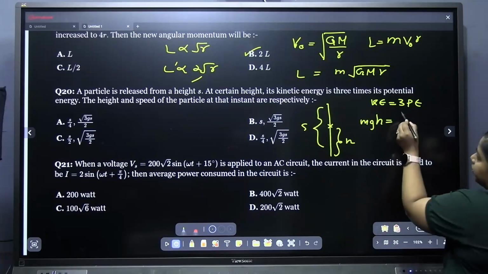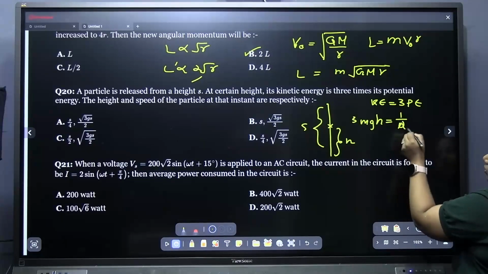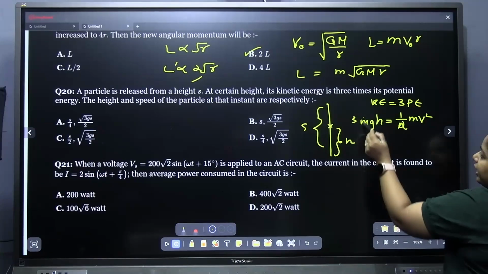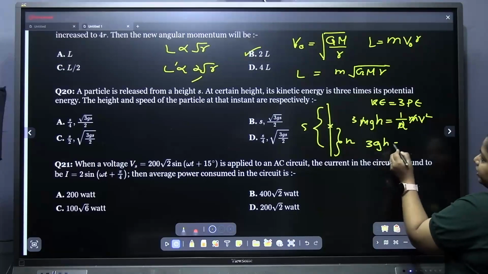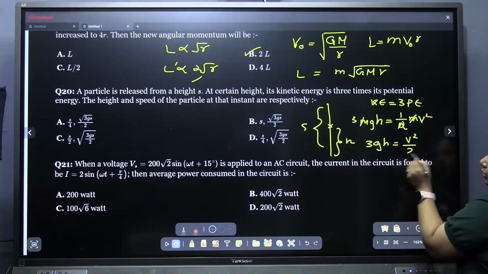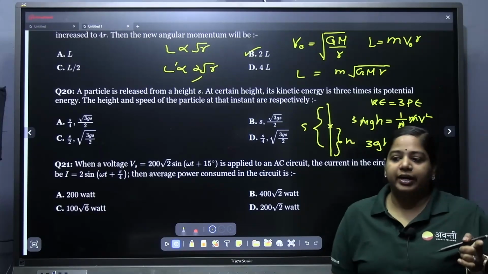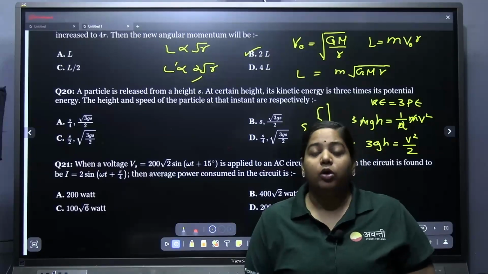Kinetic energy equal to 3mgh. Kinetic energy equal to half mv square. m will get cancelled. You will get 3gh equal to v square by 2. Now for finding v square, time is not given, right? So we can use the equation v square minus u square equal to 2as.